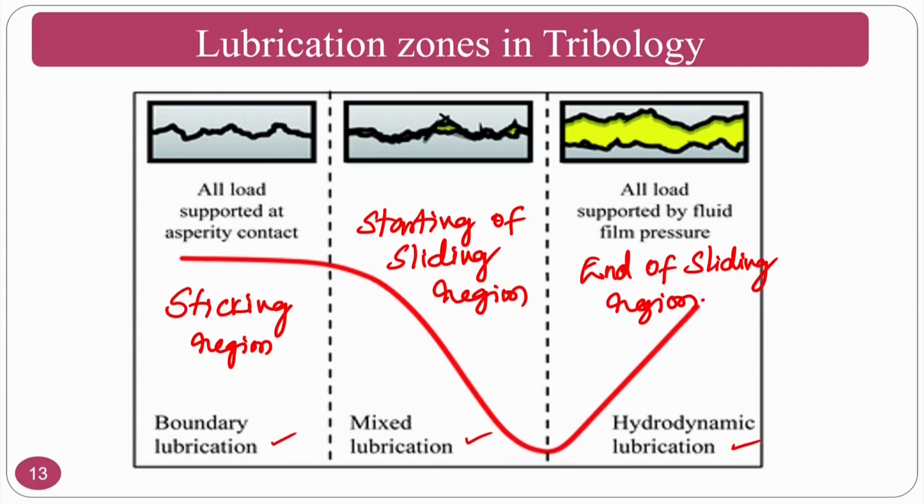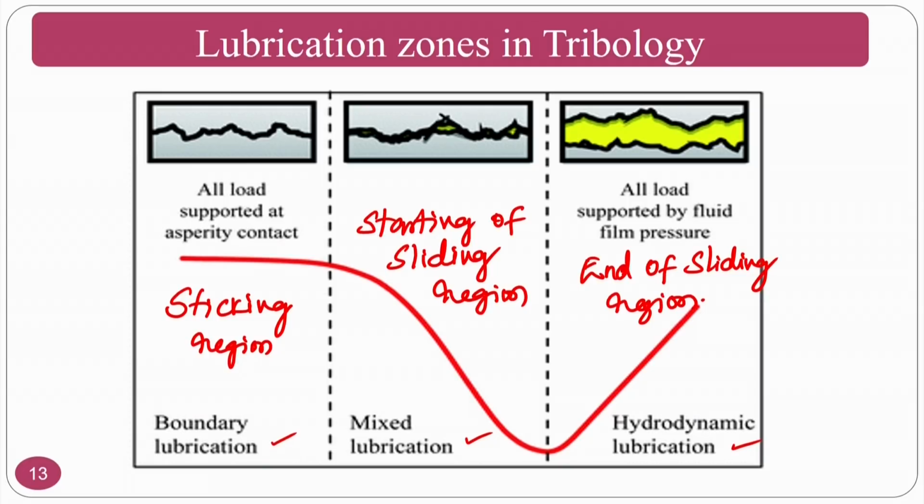Sticking zone, obviously, as I was explaining again and again, has metal to metal contact, so fluid cannot enter that region because solid to solid contact is there. In the sliding region, there is relative motion because of the fluid flow; the lubricant that is sent at high pressure will occupy some of the regions, and still asperities come into the picture.